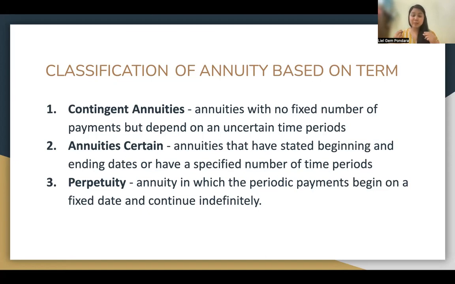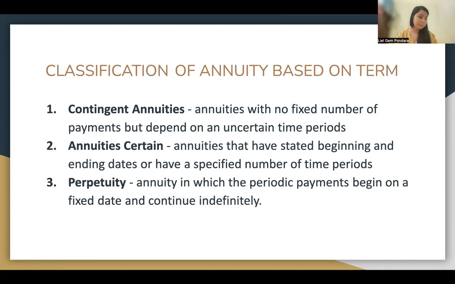So it is an annuity certain, for you know that you'll pay from this month of the year, for example, from August 2020 up to August 2022. So there is a beginning and an end to your payment. So we call that annuity certain.